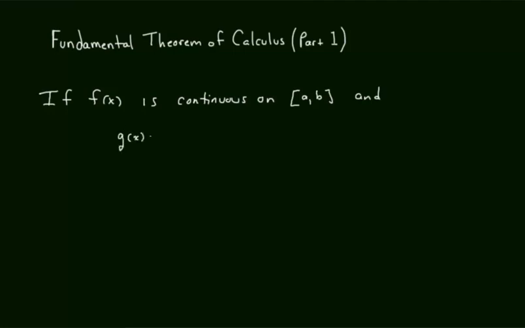I'm going to say g of x is the integral from a to x, and then because x is in the bound, I have to use a dummy variable, f of t dt. This is essentially what we just showed with a little bit more fancy notation. And let's suppose that this is true for x belonging to the interval.